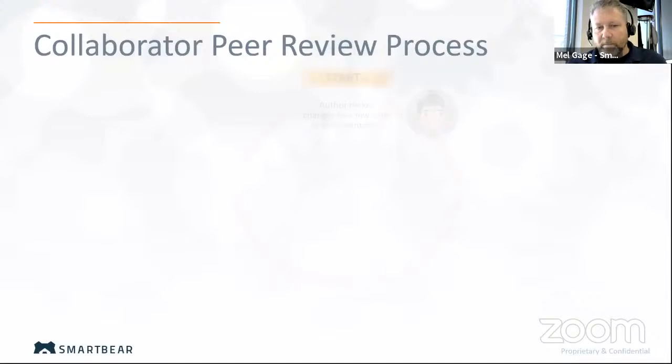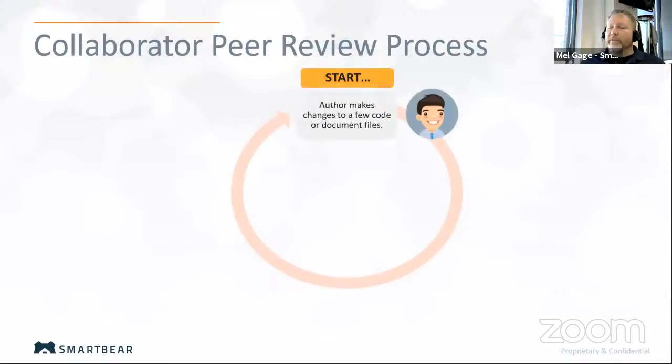process. So with the integrations, the author chooses the system that he wants to upload to, makes changes to his code files, and then gets those files into Collaborator, whether it's through the Client GUI, webhooks integrations, or even manual uploads.